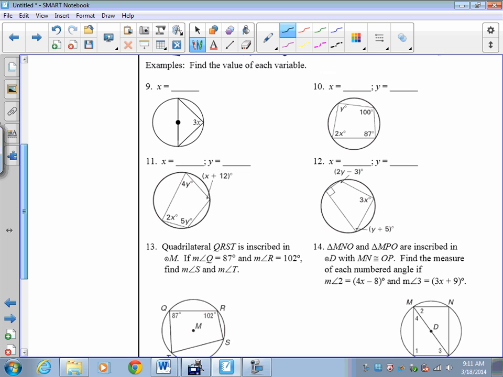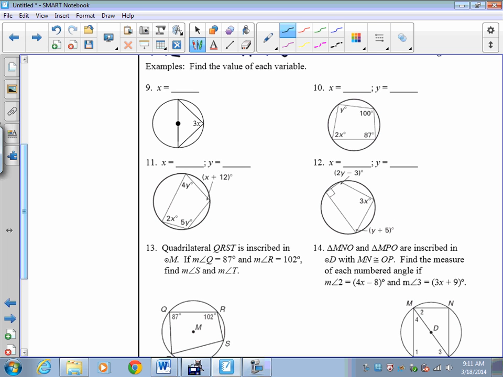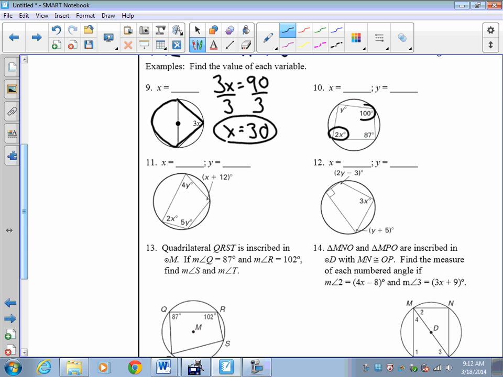So we're told to find the value of each variable. Again, we have this right here, so we know that 3x is a right angle. Divide by 3, we get x is equal to 30. This one here, we know that opposite angles are supplementary. So 2x plus 100 is equal to 180.